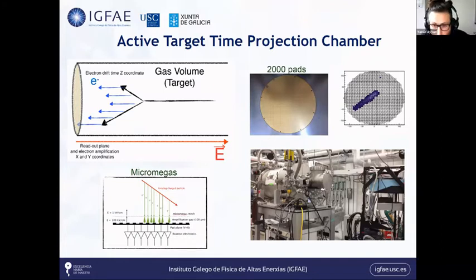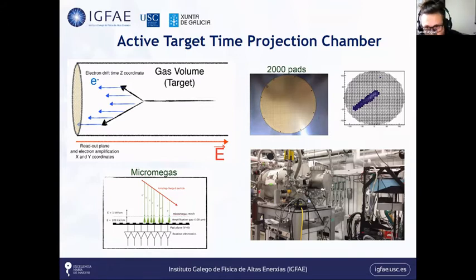So what we did is we used an active target, as was mentioned before. And the scenario is quite complicated in the sense that besides the proton, there are also other dominant channels. But in any case, this is probably one of the best technologies that we can use.